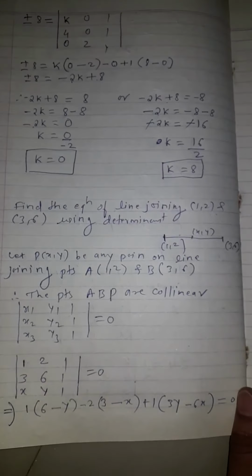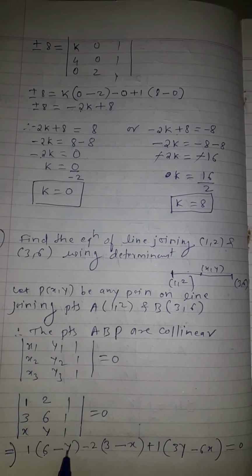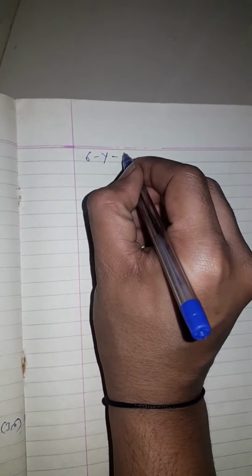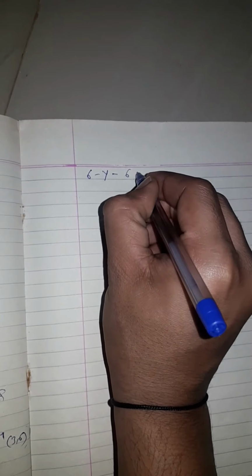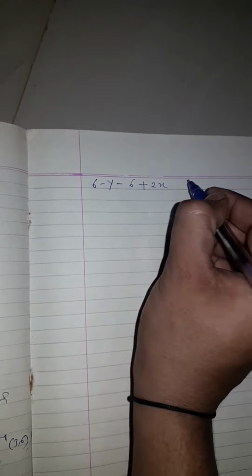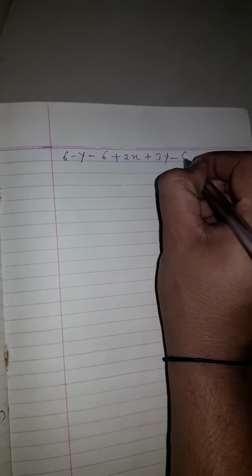You have to simplify this expression. So 6 minus y into 1 will be 6 minus y, then minus 2 we have to multiply inside the bracket, that is minus 6, minus 2 into minus x will be plus 2x, then 1 into 3y minus 6x will be plus 3y minus 6x, which is equal to 0.